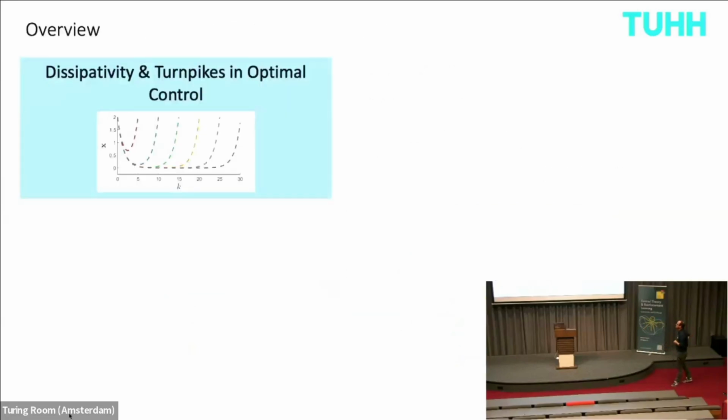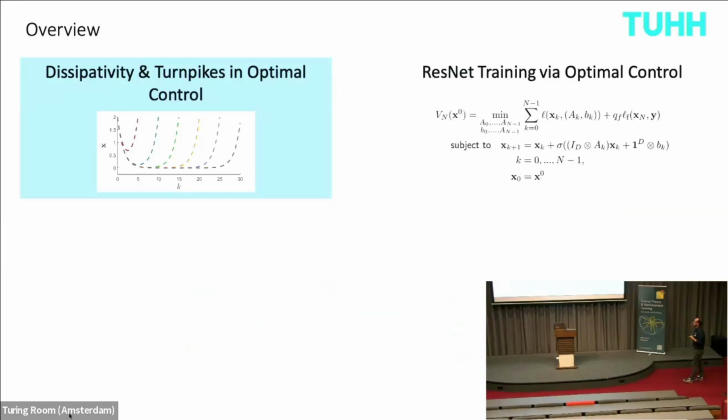And what I want to do in this talk today, I want to shed some light on how you can use dissipativity notions, which do not really stem from physics, but they're inspired by physics, dissipativity notions of systems in control to understand turnpike phenomena in optimal control problems.